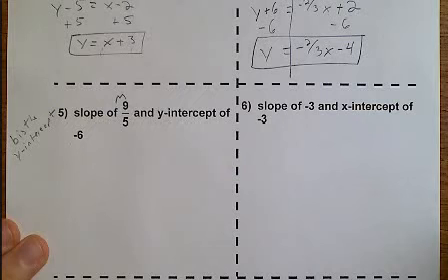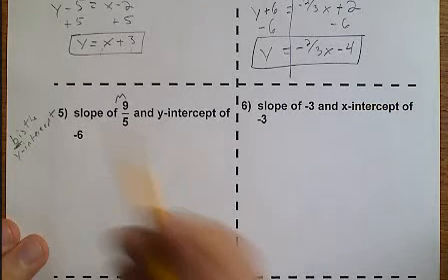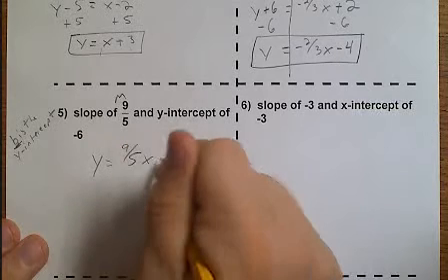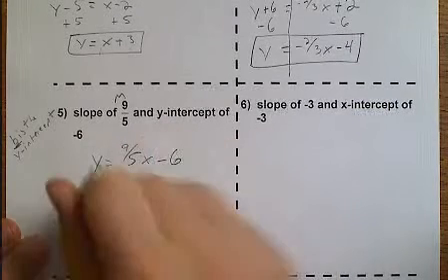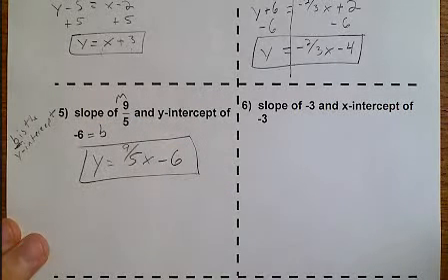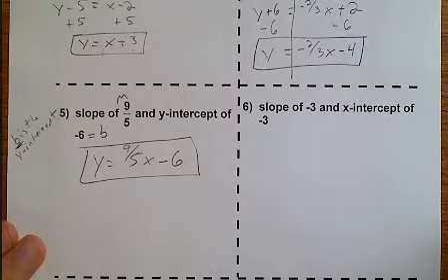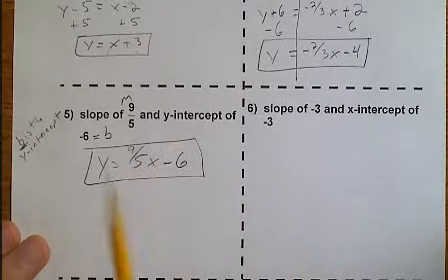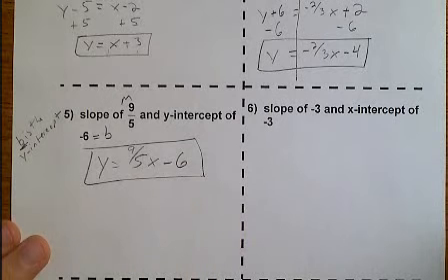So they gave us B. Y equals 9/5 x minus 6. Because they gave us B. You don't always have to use point-slope form. Sometimes they give it to you, like they did here.